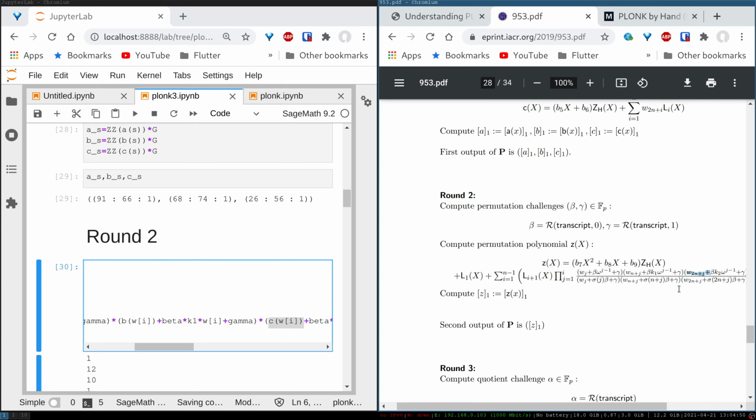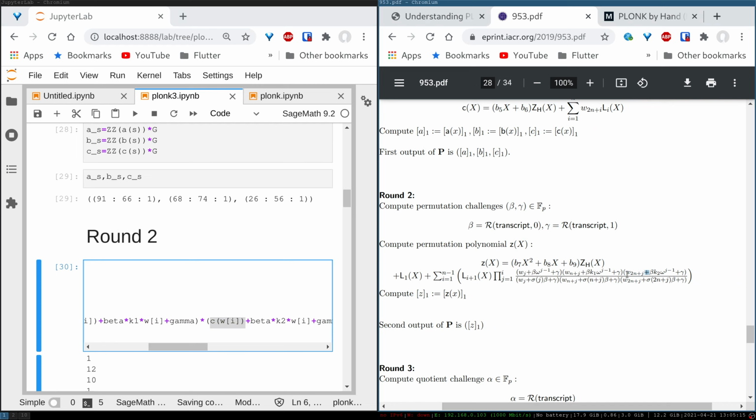That's by construction of A, B, and C. So we can see that this can be written as A(Wi) plus beta times Wi plus gamma, times B at Wi plus beta times K1 times Wi plus gamma, times C at Wi plus beta times K2 times Wi plus gamma. So this is our numerator, and we divide by A of Wi plus SA.